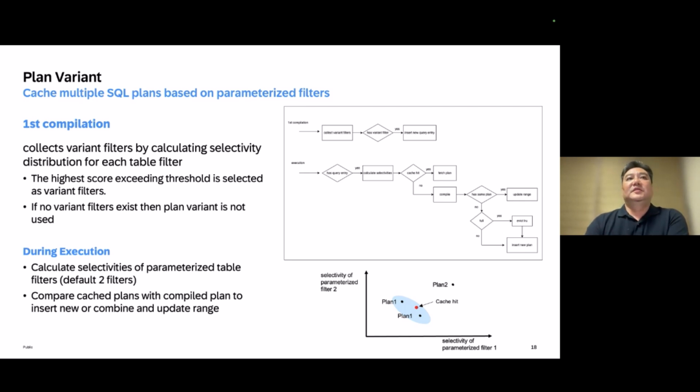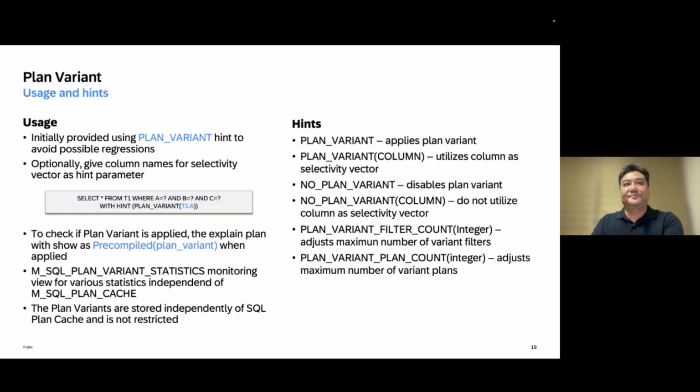If it's determined that there are no variant filters, then the plan variant will not be utilized for that SQL statement. And during execution, it will follow the steps that I mentioned in the previous steps.